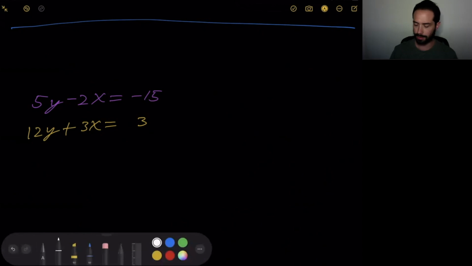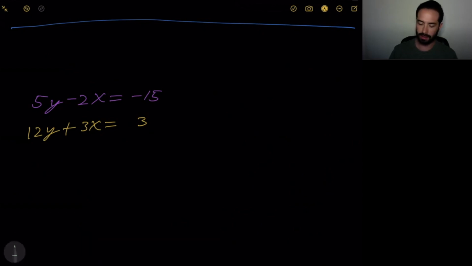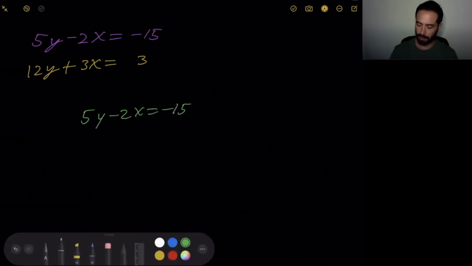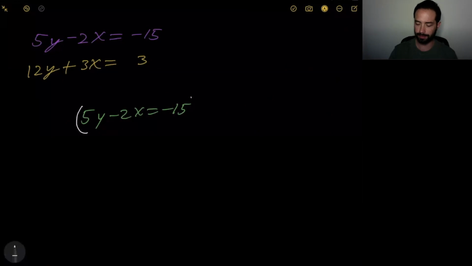So let's do this. I'm going to rewrite the equations right here. We've got 5y minus 2x equals negative 15. Let's multiply this whole thing. We've got 2 and 3.